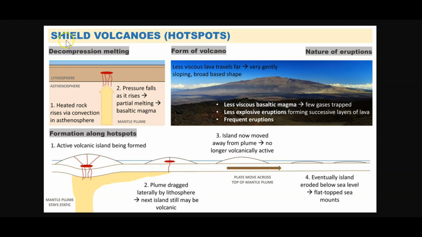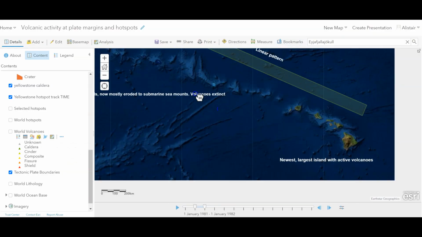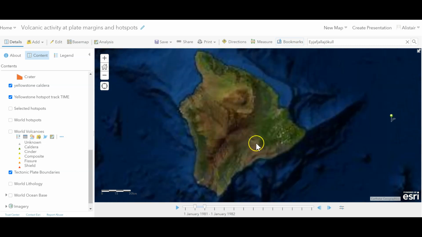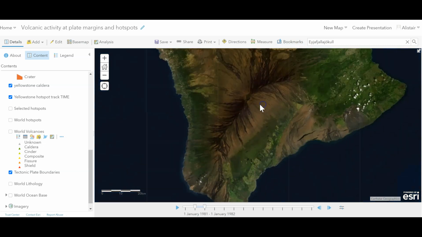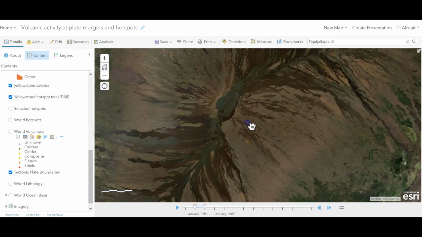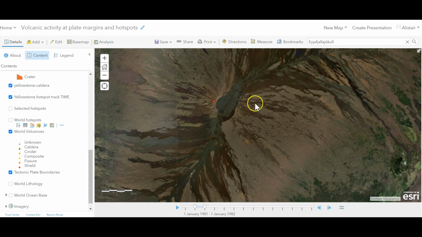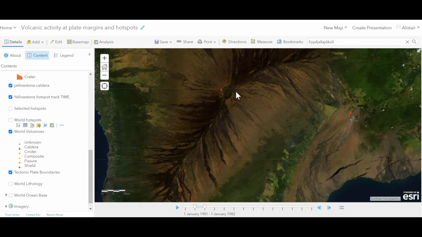It's very, very gentle. And if we go in here to the GIS map, I will click on Hawaii close up again, and we'll have a much closer look at Mauna Loa. There it is. Let's get a wee bit of a sense of the scale of this one. So I'll turn on the world volcanoes again. So the height of it is 4,170 meters. So it's a really, really tall mountain.